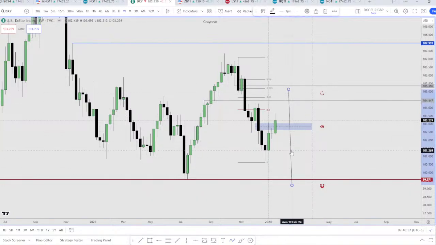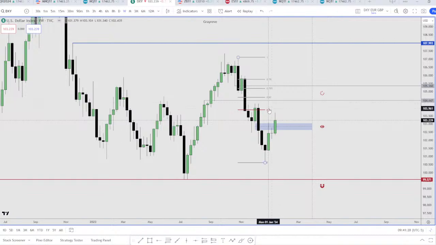Okay, so what invalidates this setup here is that if dollar shows no reaction at this area here, which means after taking out the swing high here, it proceeds to close above this CE or the mean threshold, that would be the last line of defense of this order block here, then we are most probably going to go higher.